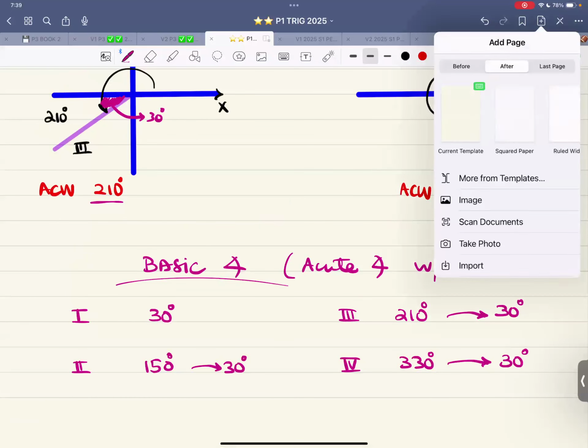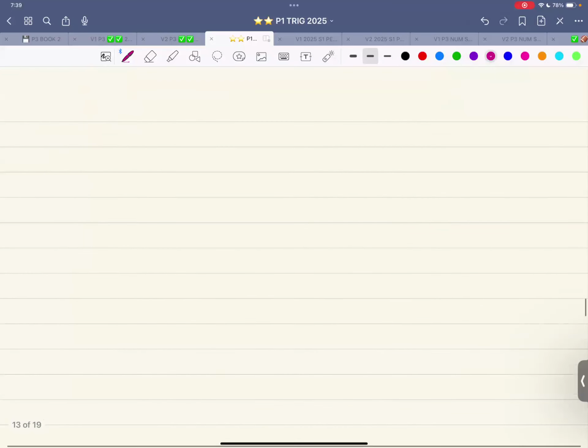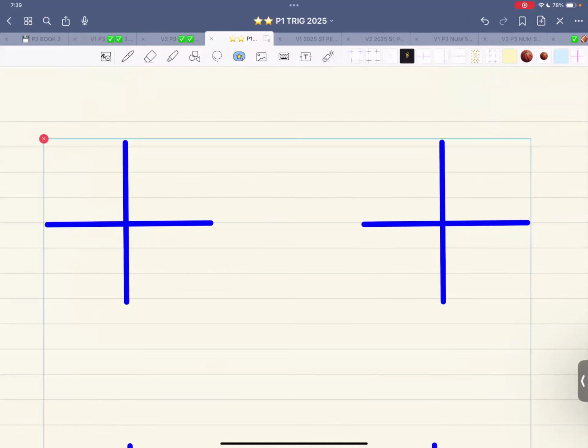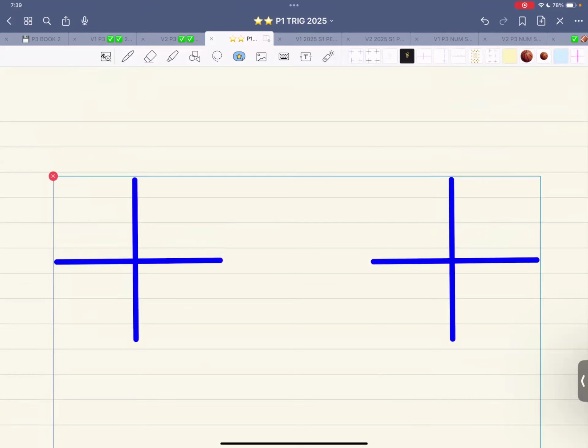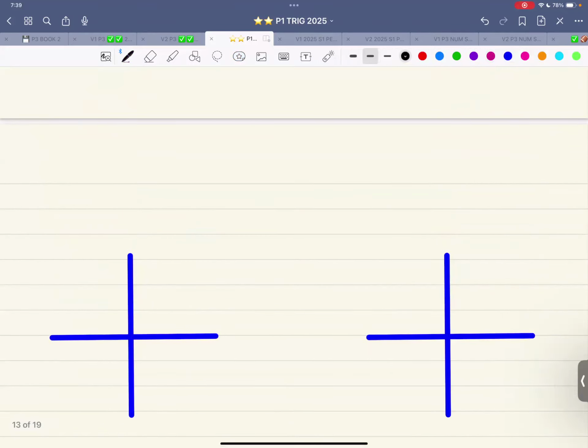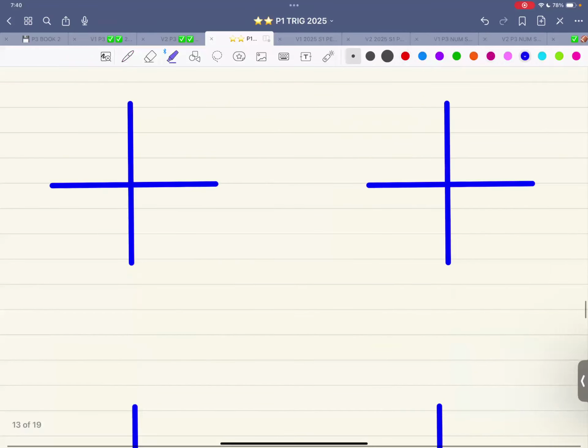Let me add a page in the middle and deal with the basic angles first. So now, if theta is the required angle in the question, and alpha is the basic angle, the acute angle with the x-axis, what is the relationship?